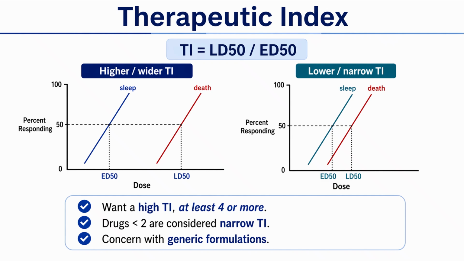And that would mean that the drug has a wide therapeutic index. When the therapeutic index is narrow, then small shifts in concentration can create major problems. So this is why narrow therapeutic index drugs require more caution and closer monitoring and more consistency in dosing because the safety window is simply smaller.